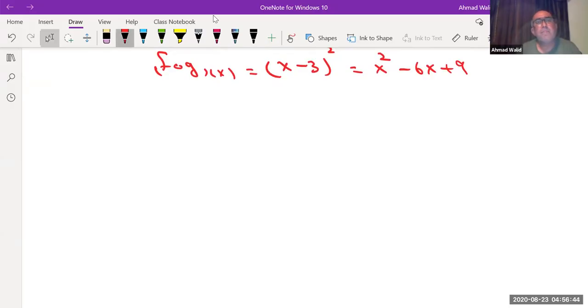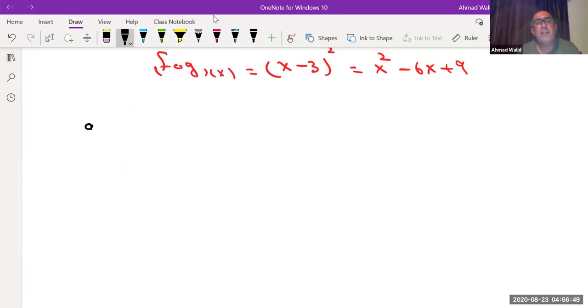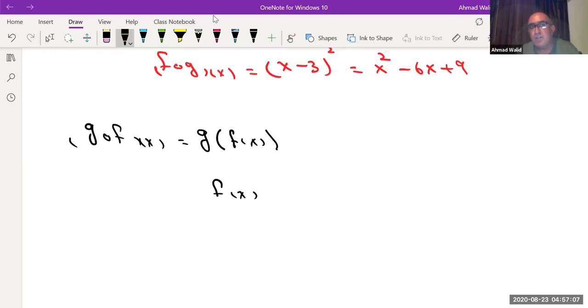Part B. Find g of f of x. If you can analyze this much, that g is this time outside, and you plug f in g, then it gets easy. Look, your f of x, I'll show you another way. F of x equals x squared. G of x equals x minus 3.